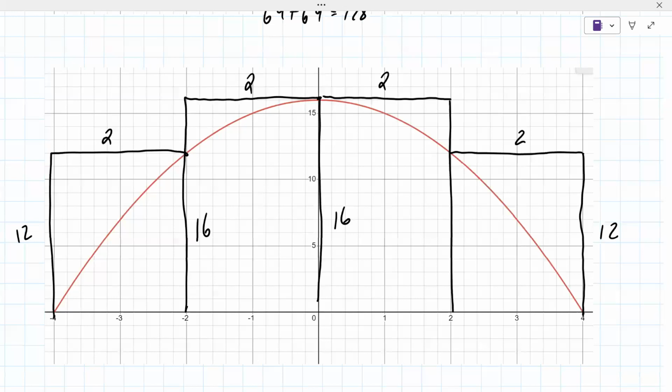So it would be 24 plus 24 plus 32 plus 32.